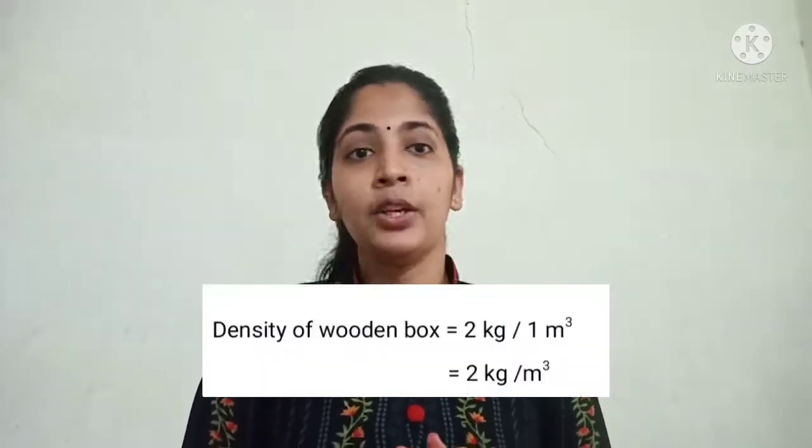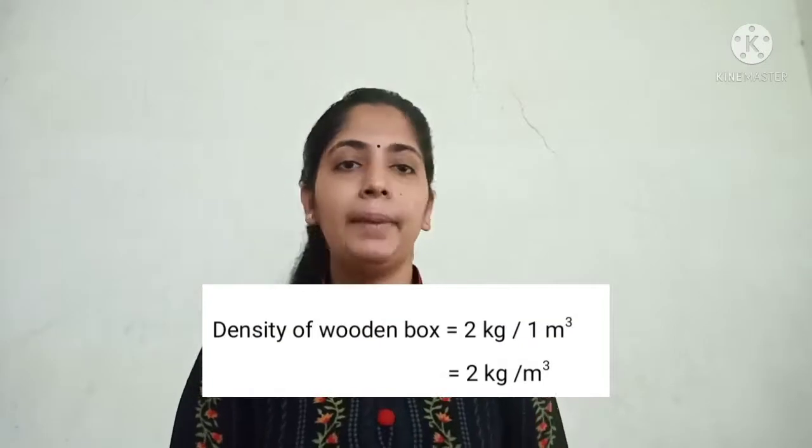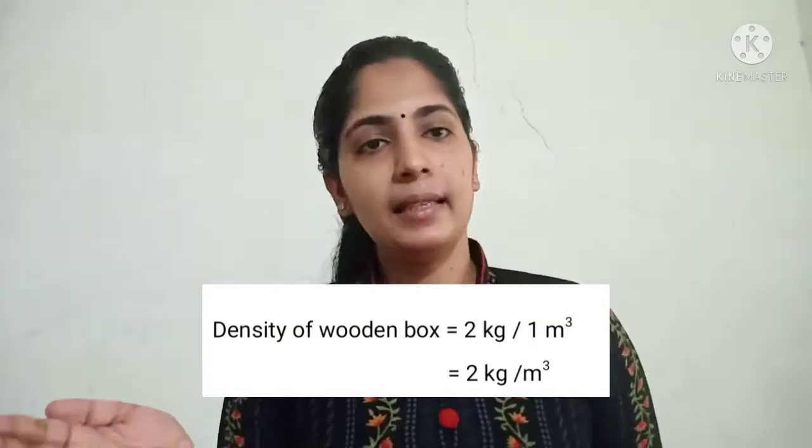That is 2 kilogram per meter cube is the density of this wooden box. And this thermocol also has the same volume, right? It has a mass of 400 grams. Then can you find its density?